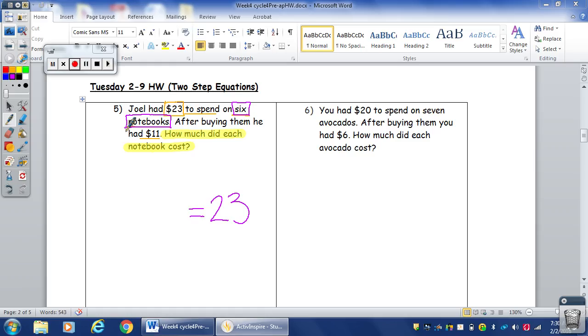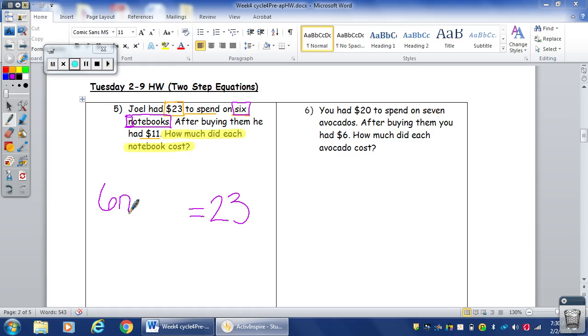So I know that I have to take 6 and multiply it by how much the notebooks cost. Well, I don't know how much the notebooks cost. That's what we're trying to find. So I'm going to put n next to the 6 because I know 6 times the value of n is going to give me the cost of the notebooks.